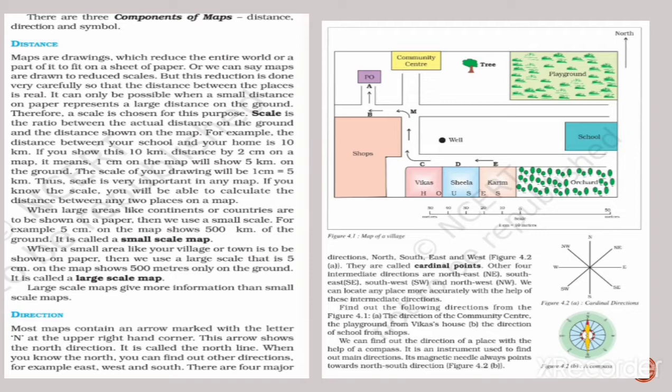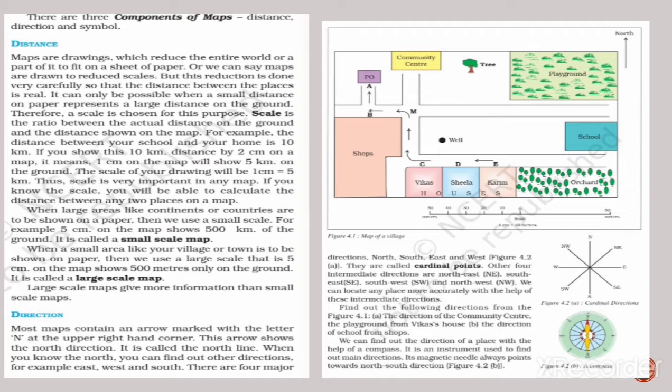First one is distance. We can say maps are drawings which reduce the entire world or a part of it to fit on a sheet of paper. In simple words, maps are drawn to reduced scales.